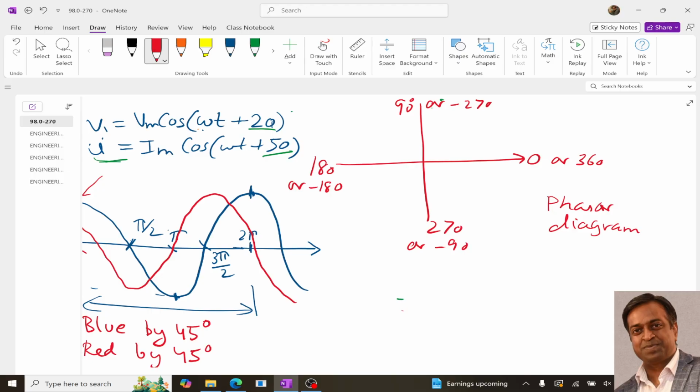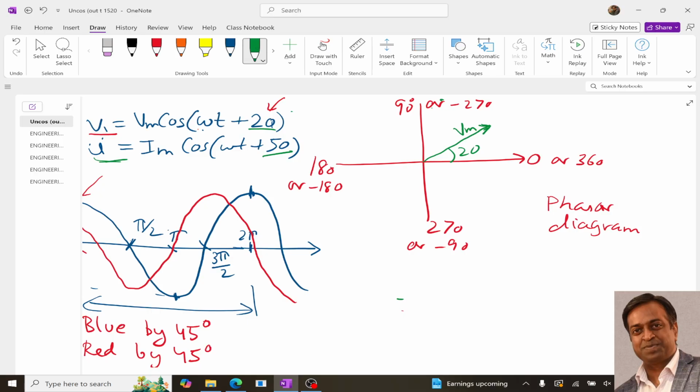Right, so when we want to draw the phasor of v1, in the v1 we simply look for the phase angle, so it is 20. So what we are going to do is draw a vector at an angle of 20 degree, and the length of this vector is going to be Vm, right? So this is a vector, this is a phasor for v1.